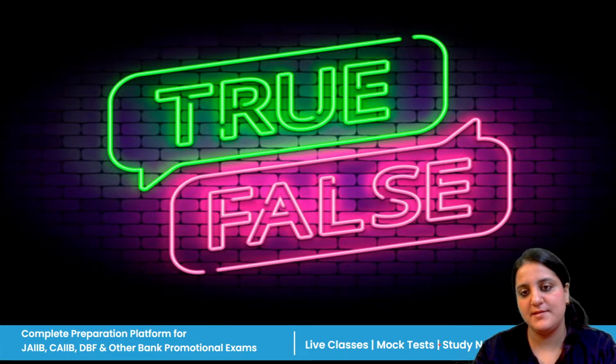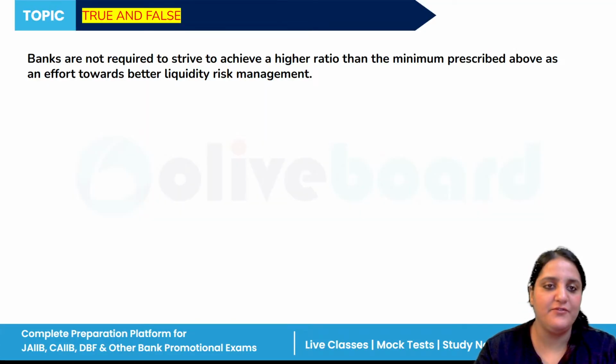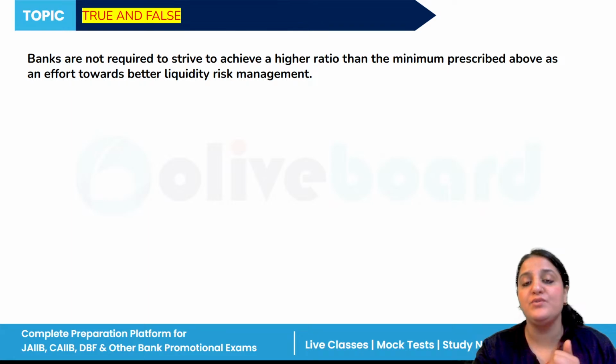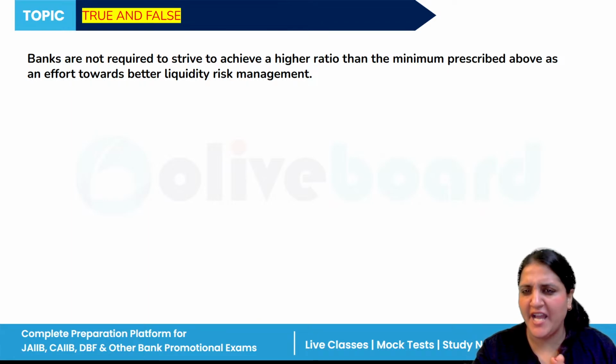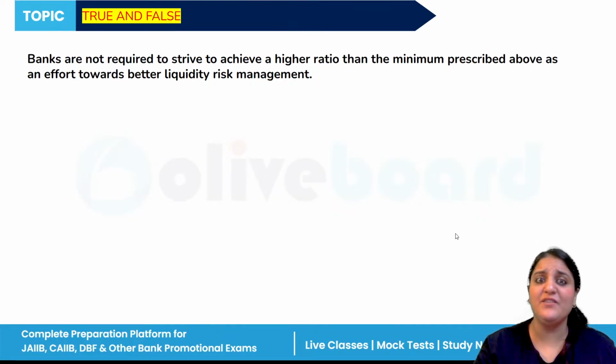True and false. Now you can see that true and false is looking like a party. So first, banks are not required to strive to achieve a higher ratio than the minimum prescribed above as an effort better towards liquidity risk management. Who said this? This is completely false.